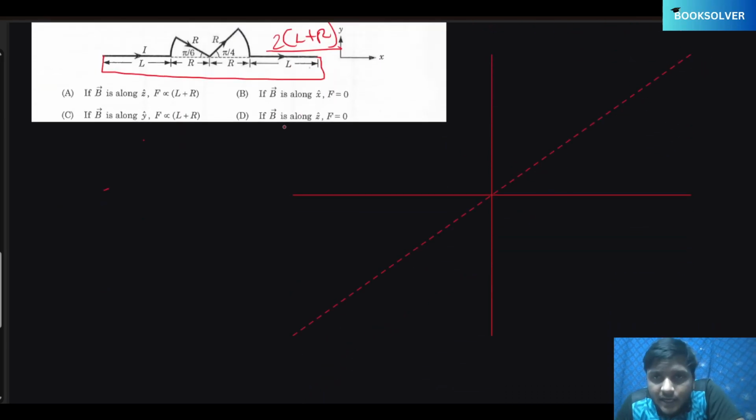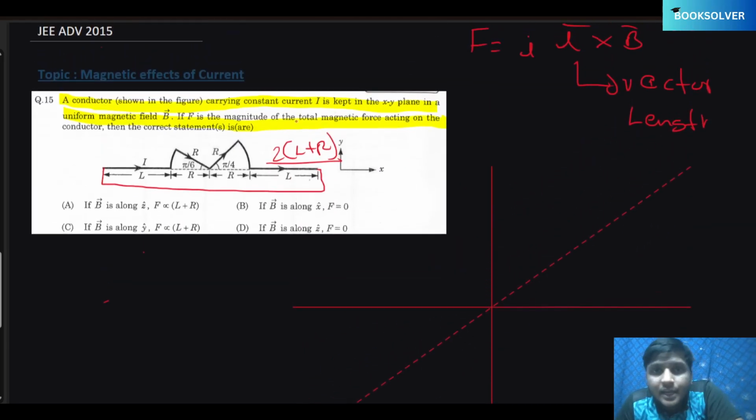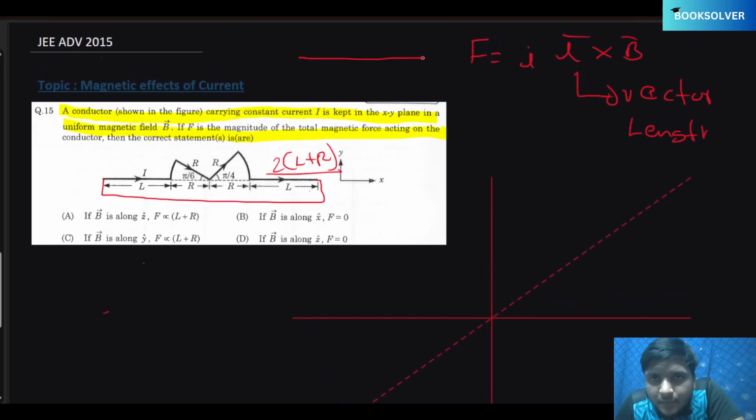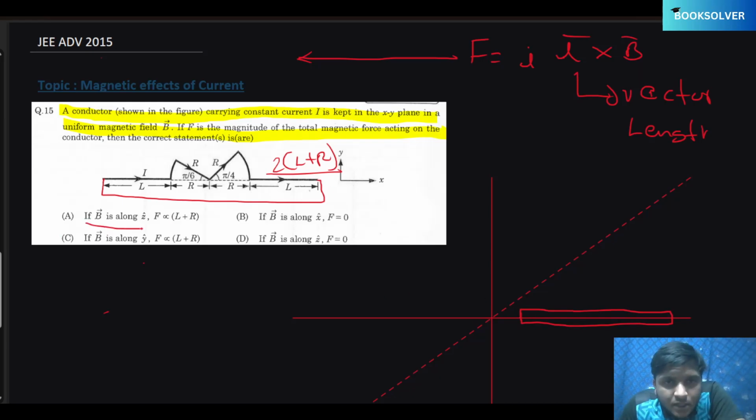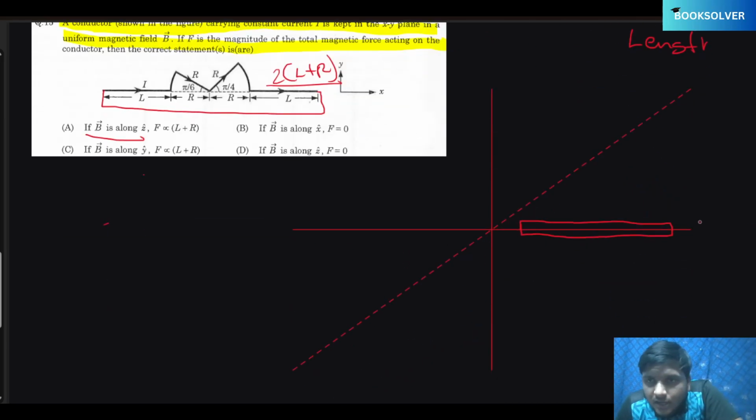Now, let's suppose we make an equivalent of length 2L plus R and put it on the x-axis. So let's suppose this is our rod here, of length 2L plus R. The first option says if B is along the Z direction, this is our x-axis, this is the y-axis, and this is our z-axis.